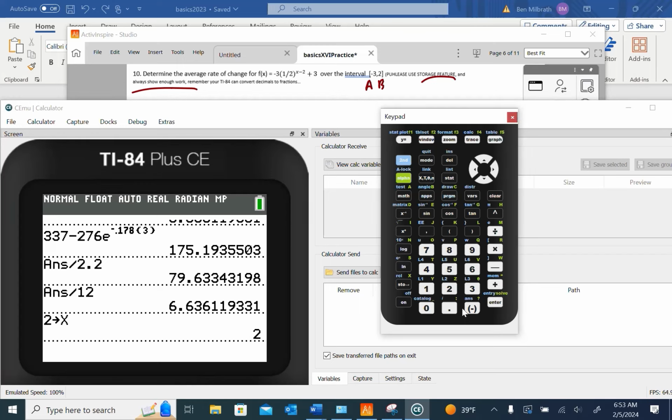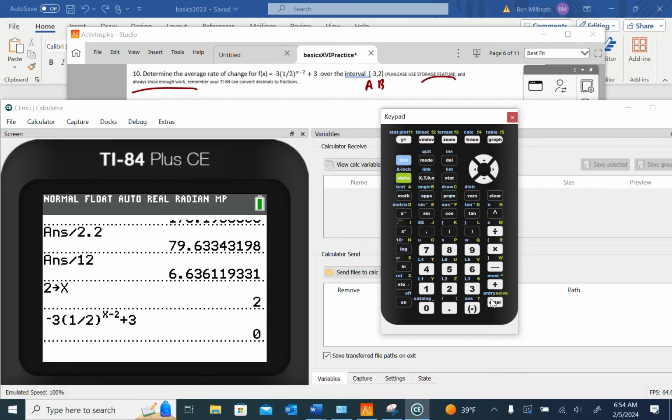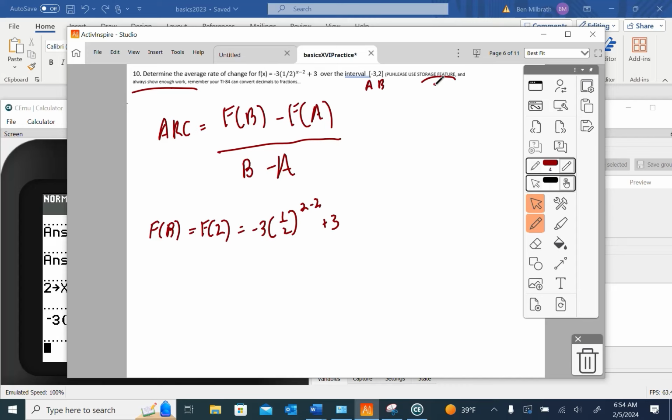The equation was negative 3 parentheses 1 over 2. If I'm plugging in a 2, this ought to be 0 when everything's said and done. But whatever. X minus 2 plus a 3. There you go. I got back a 0.